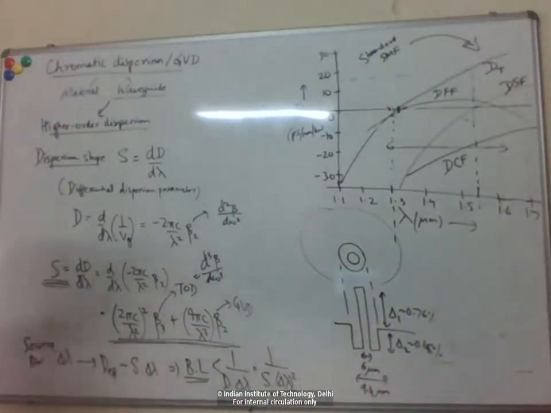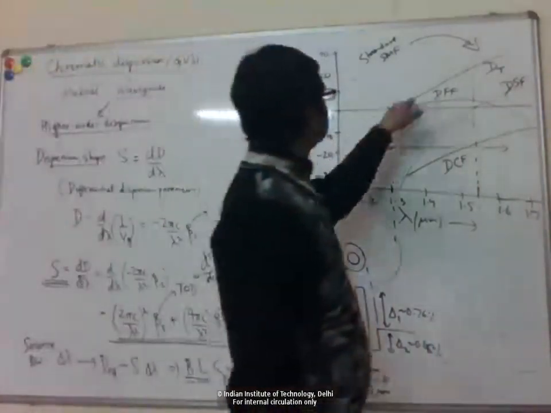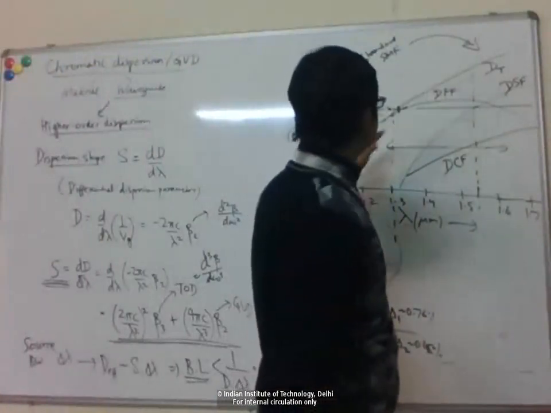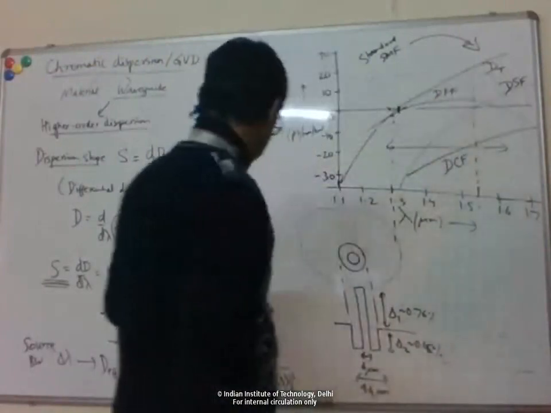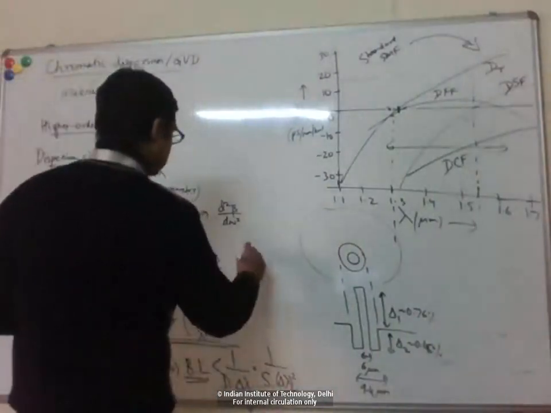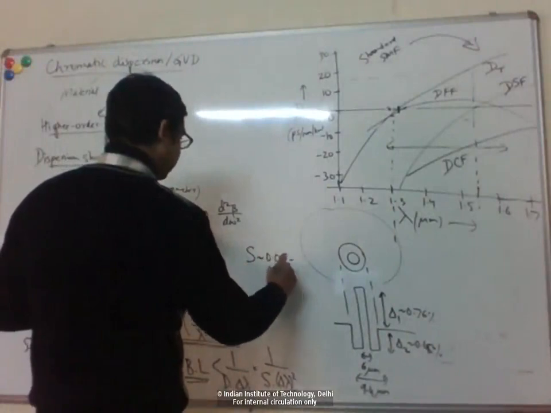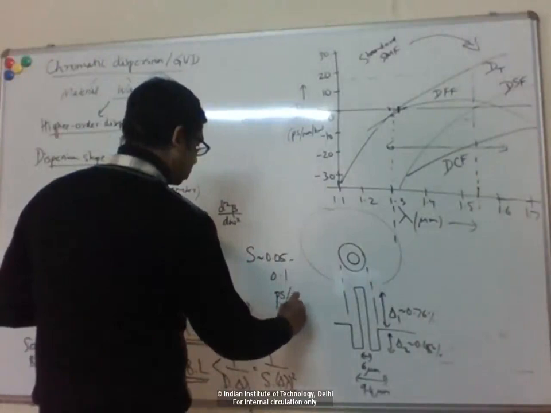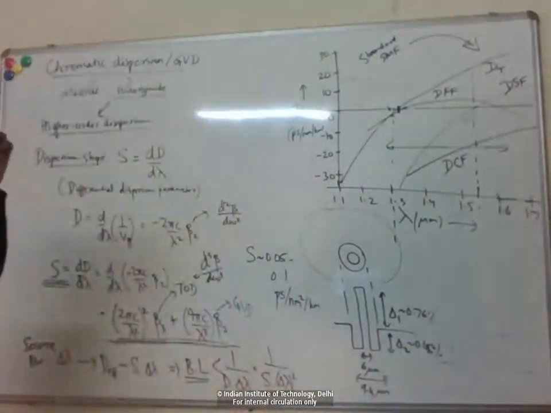Okay, so this dispersion slope S you can see here, right? For conventional single mode fibers, this D is an increasing function of lambda, so the slope is always positive, right? So its S value typically is about 0.05 to 0.1 picosecond per nanometer square kilometer, right?